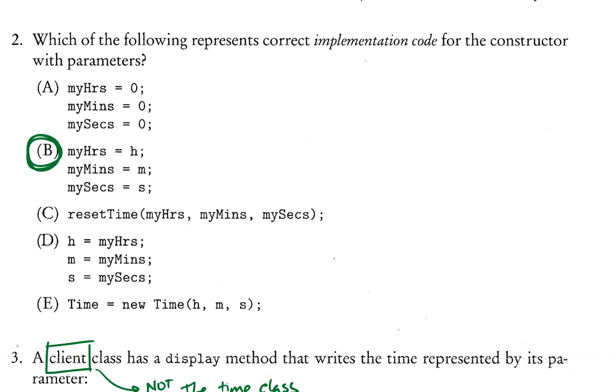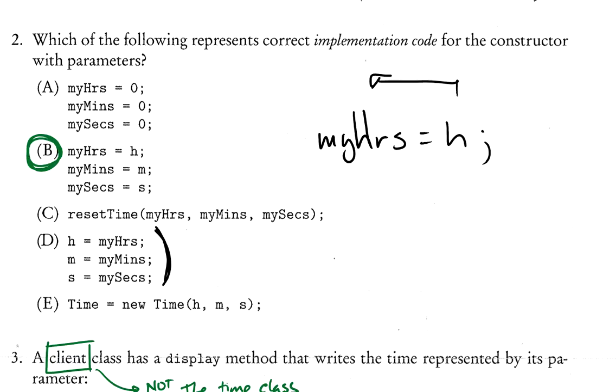So if I have a variable, my hours, and it's a capital H, hours equals H, what we're doing is the thing on the right gets stored into the variable on the left. It goes in that direction. If I look at D, what it would be saying is, hey, this private variable, my hours, is going to get stored in the local thing that you were just passed. And that's wrong, right? It's the thing on the right that gets stored into the left.